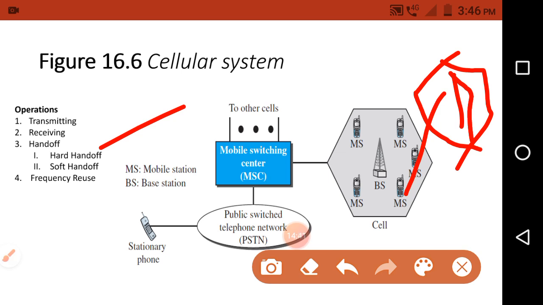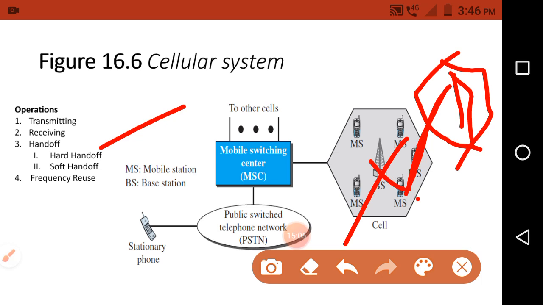Before this mobile station establishes communication with the other base station present in the other cell, it needs to terminate the connection with the previous base station. Then only the mobile station will move to the other cell.